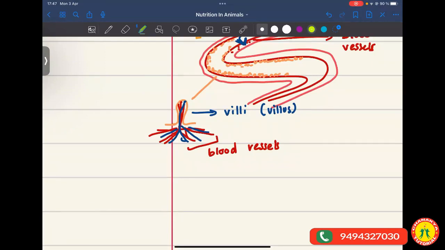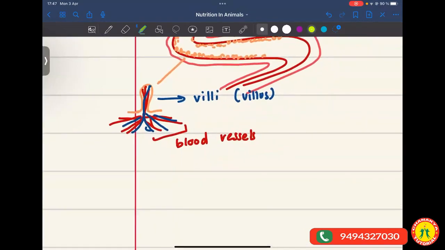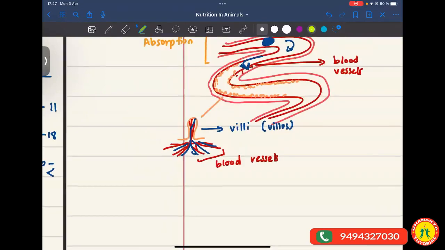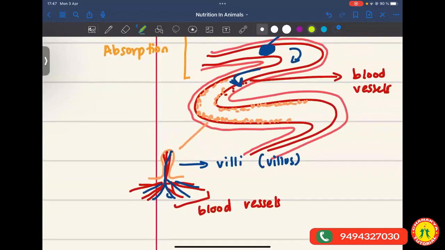So you can see that this villi is the region where the intestine is rich with blood vessels, and all the food nutrients absorbed by our small intestine reach your blood through the villi. So the villi increases the surface area for absorption of the digested food. Each villus has a network of thin, small blood vessels close to its surface. The surface of the villi absorbs the digested food material and transports it to the blood vessel.